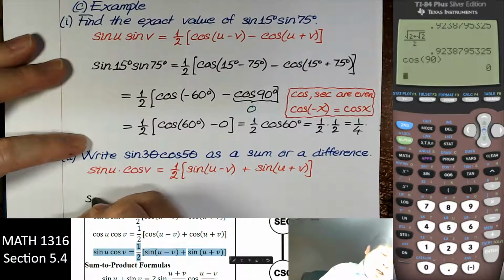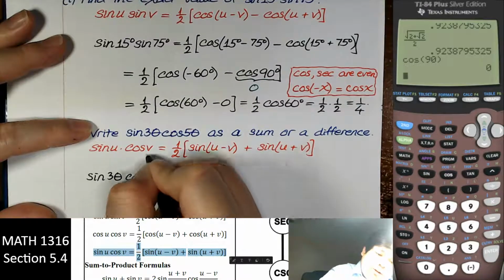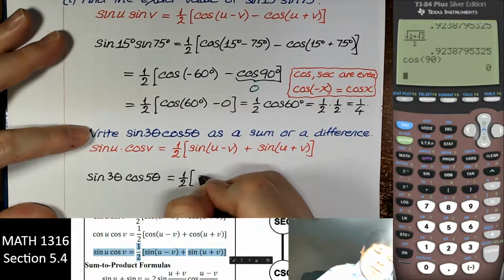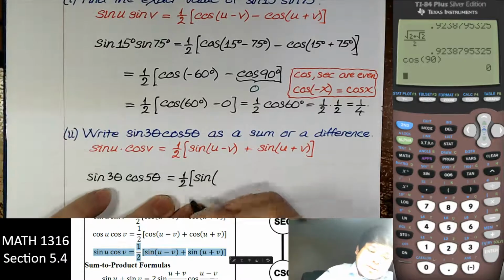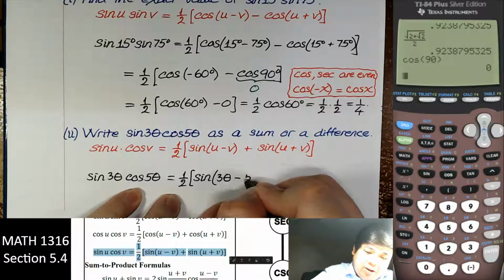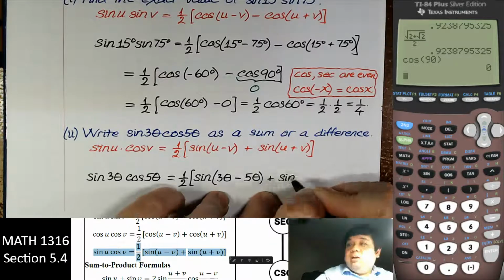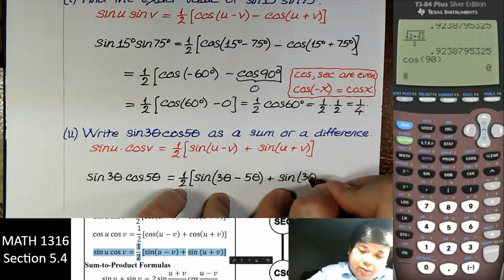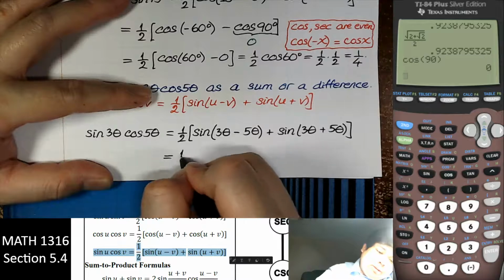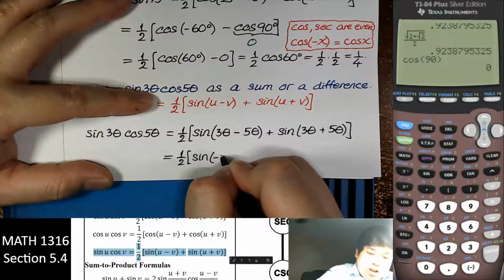Right, so here u is 3 theta, v is 5 theta, so sine of 3 theta minus 5 theta plus sine of 3 theta plus 5 theta. 3 minus 5 is minus 2.